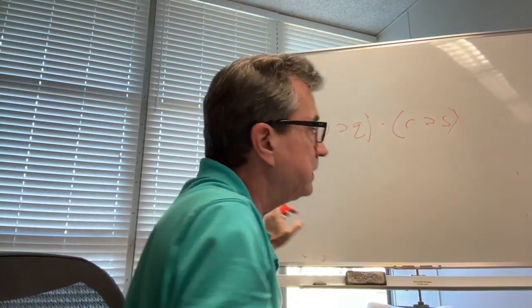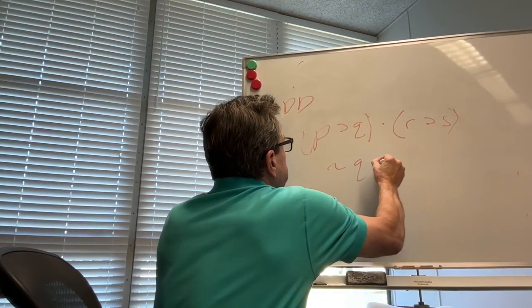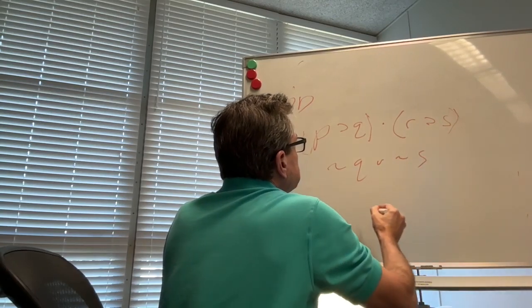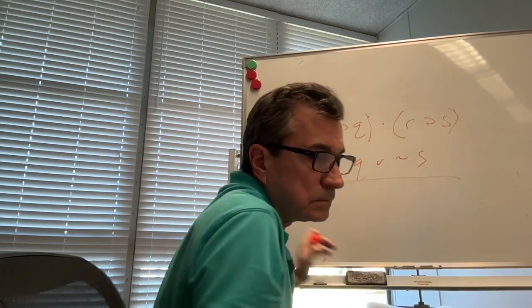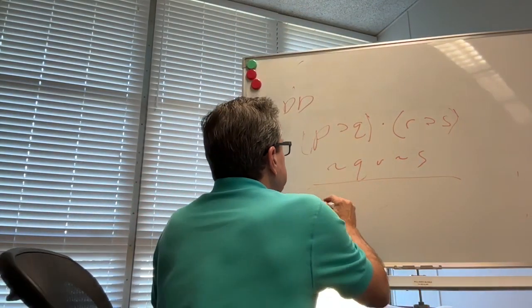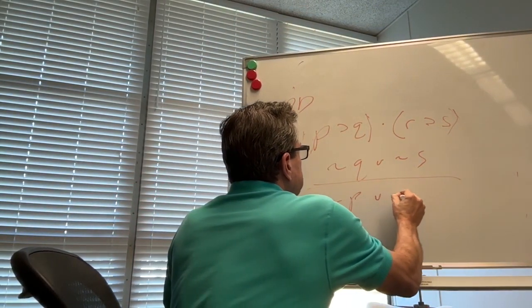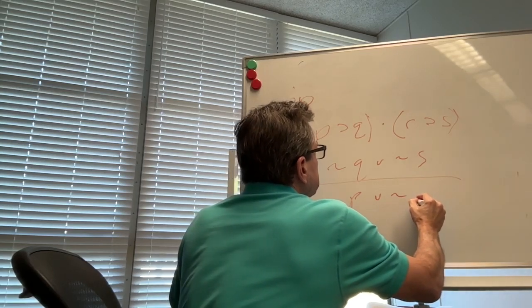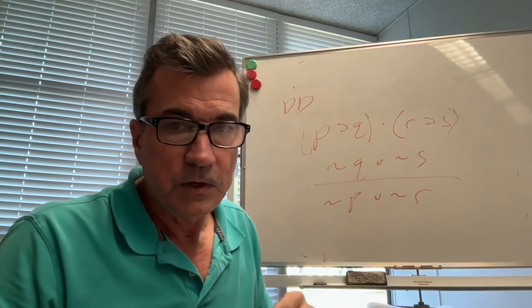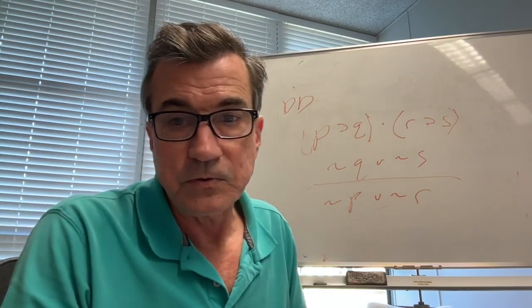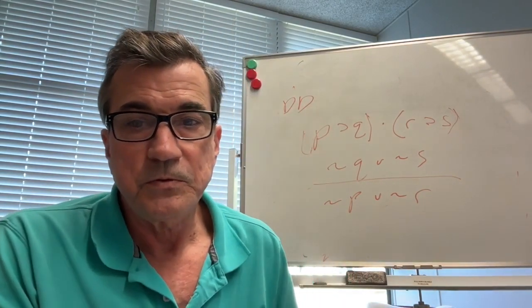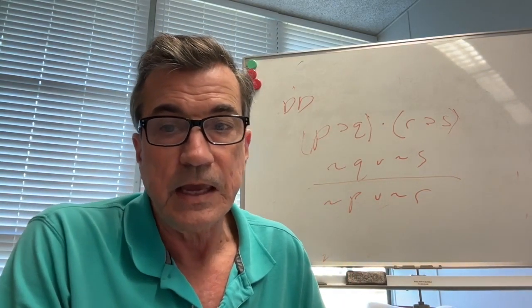P implies Q and R implies S, not Q or not S, therefore not P or not R. You can see why it's called destructive dilemma. It's a very similar form, but it's taking the negations.